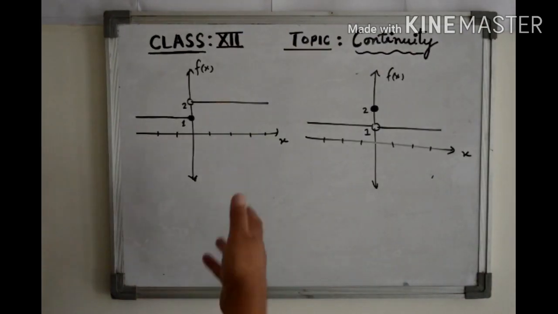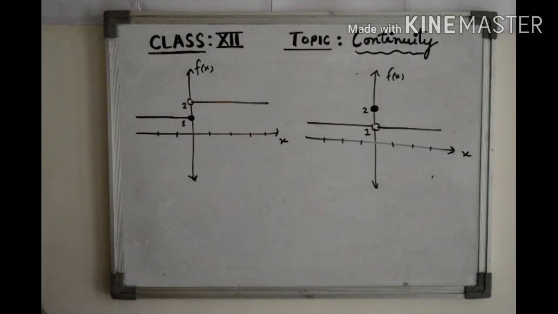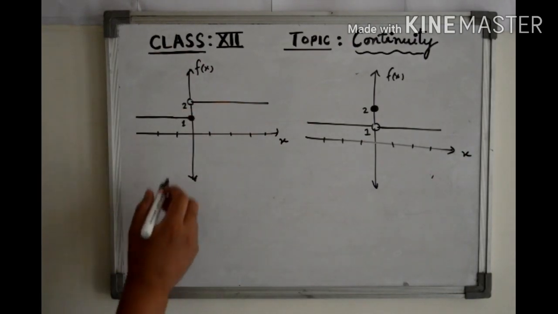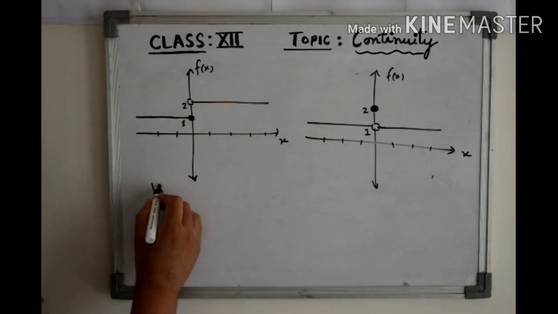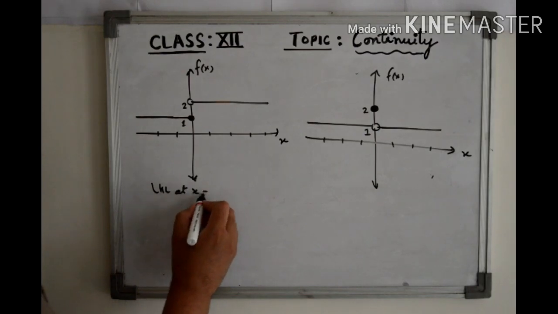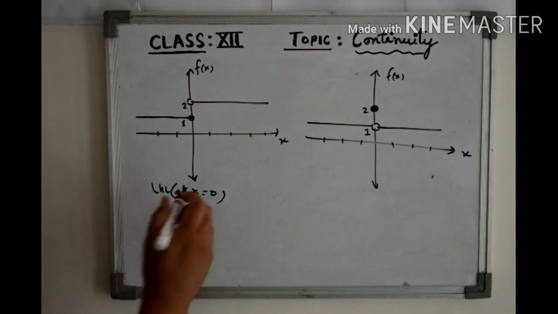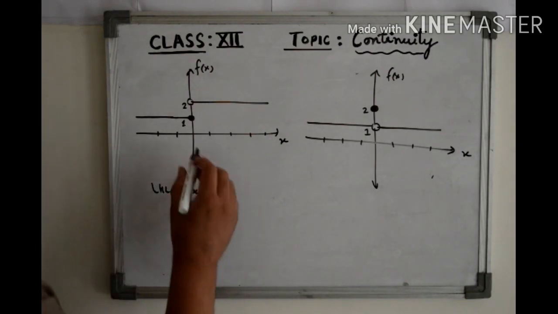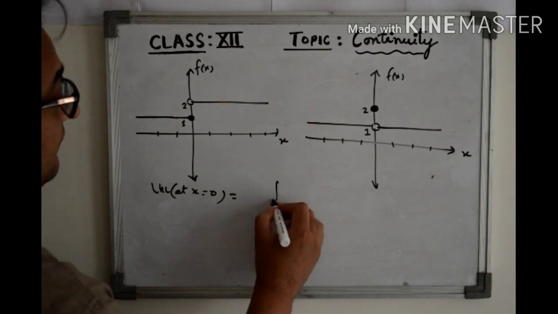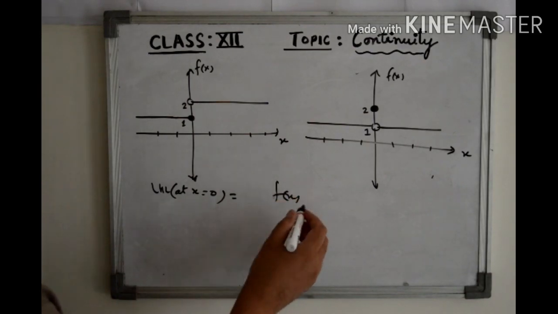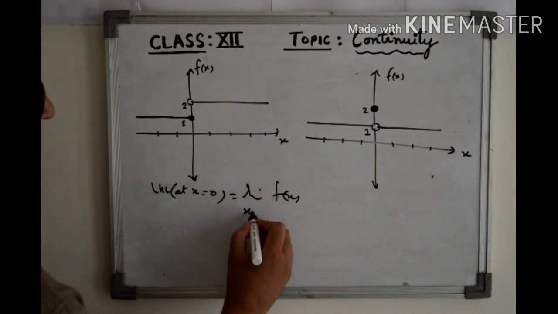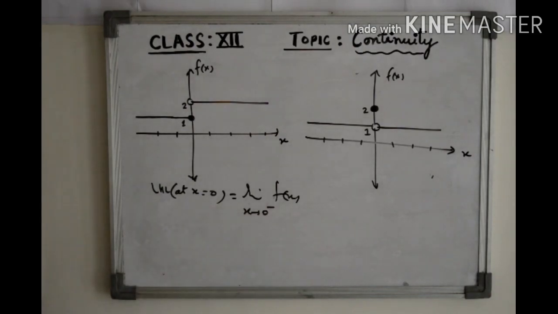Okay, I have drawn the graphs of the two functions again so that I can explain what is happening over here. For this function, what will be the left hand limit at x equal to 0? Left hand limit at x equal to 0 means the value to which the function is approaching when x is approaching 0 from the negative side.